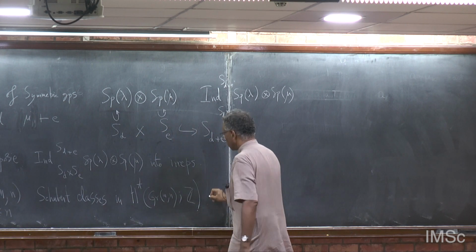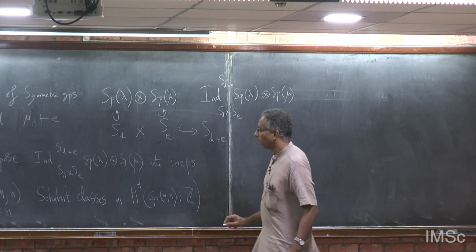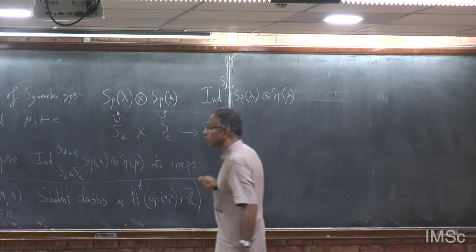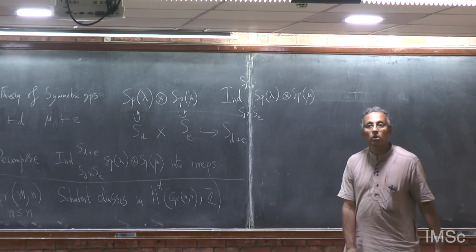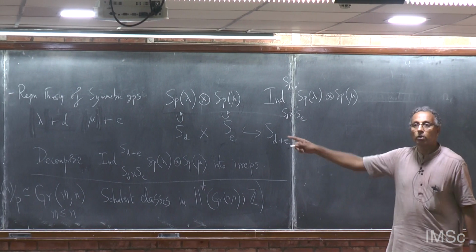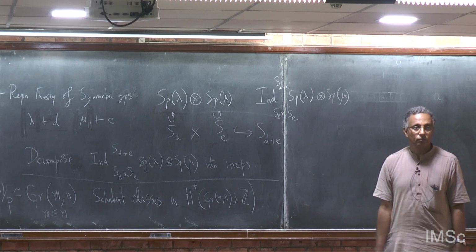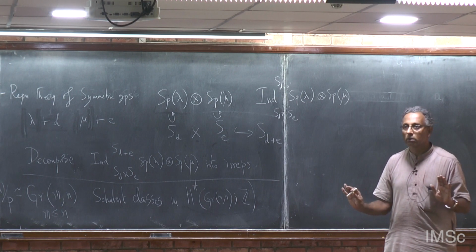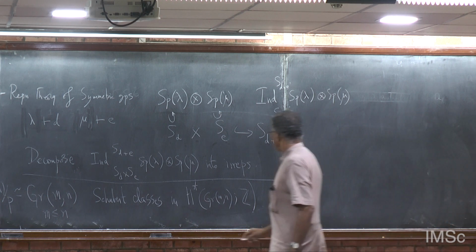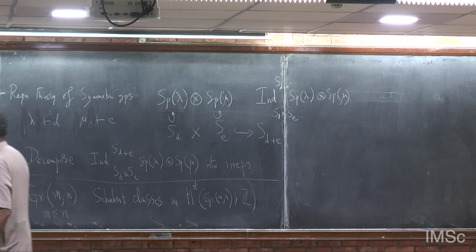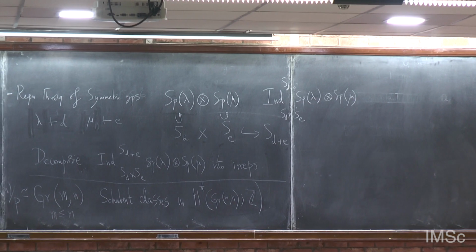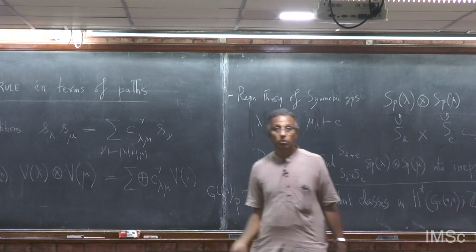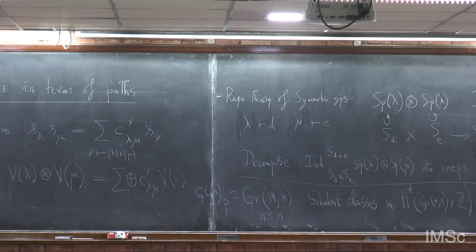So there are at least these four different ways of looking at this problem. The path rule that we are giving, you can think of it as a solution to any of these as well.